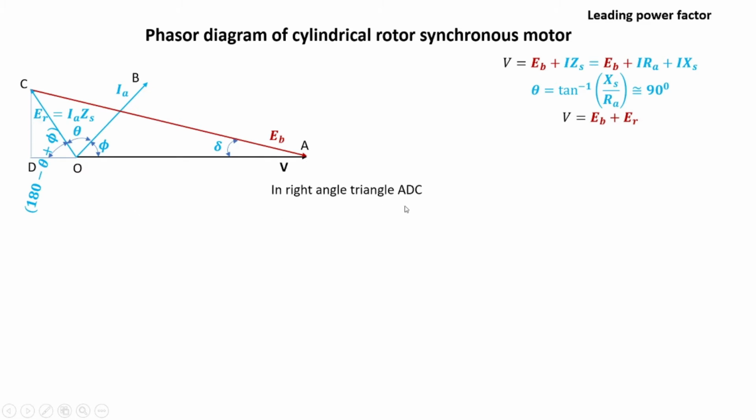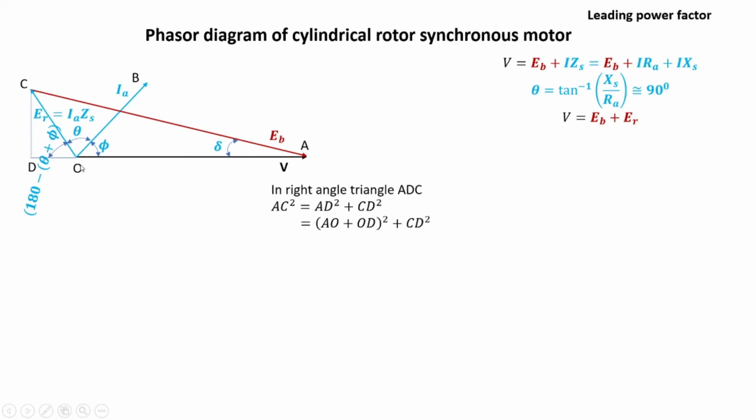So in right angle triangle ADC, what is E_b? E_b is its hypotenuse, that is AC. So AC square is equal to AD square plus CD square. What is AD? AD is equal to OA plus OD. What is OA? OA is equal to V. In order to find OD and CD, we can utilize this right angle triangle CDO.